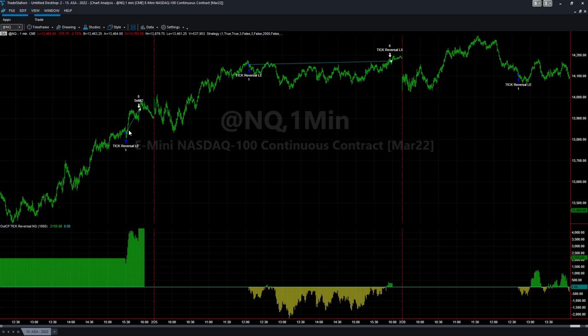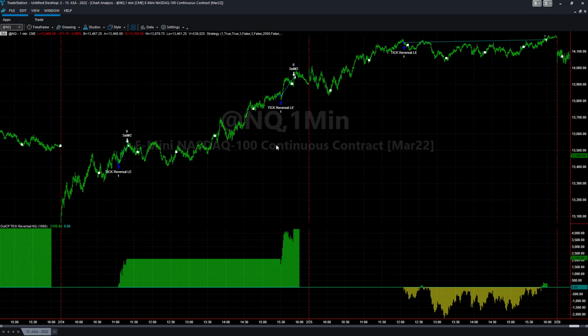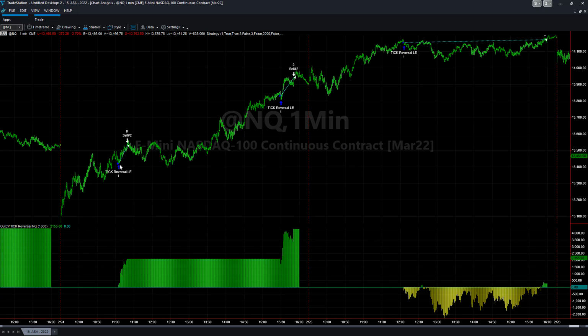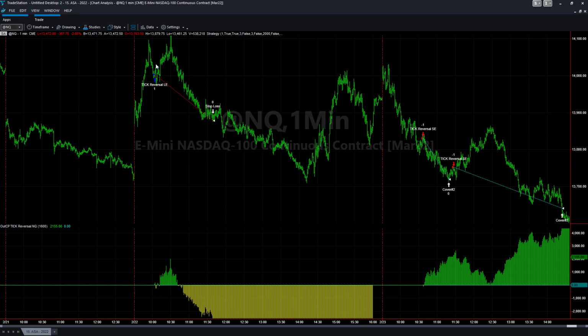Sometimes you're in a situation where the market does not move a lot, so you have to catch it in a small counter trend move, or you'll miss it. Right here, you'll miss that if you wait for a big move, and right here you'll miss it if you wait for a big move. And then other times you can see that you needed a much bigger move and then you got stopped out. This would have gotten stopped out.